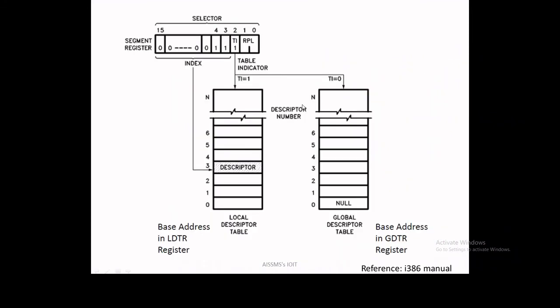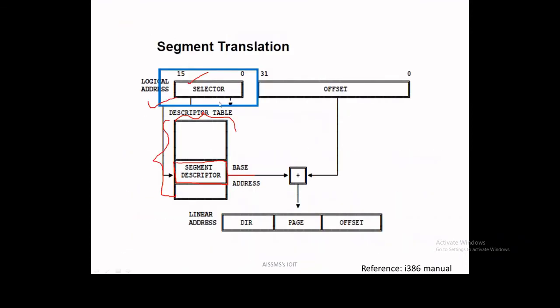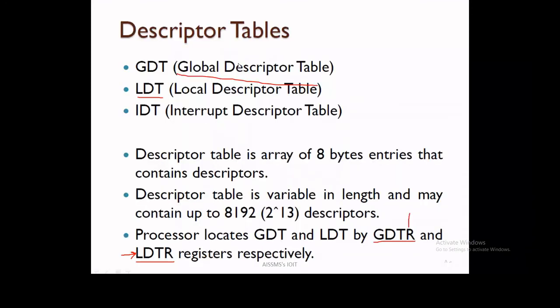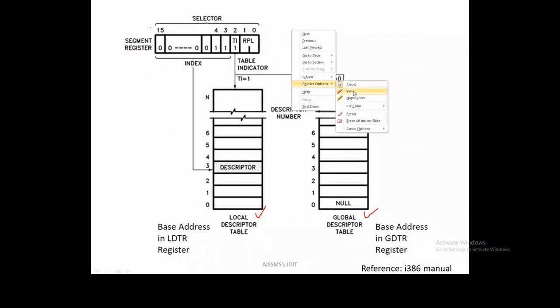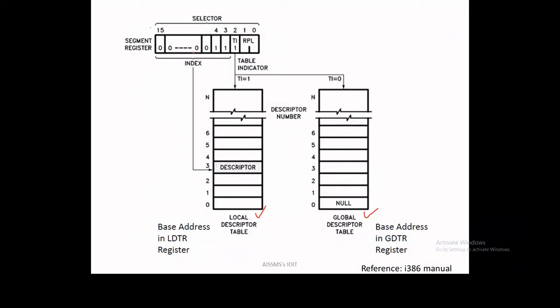Likewise, if you see in this diagram, this is the local descriptor table and this is the global descriptor table. This is the selector. From this selector it gets the index to that particular descriptor.